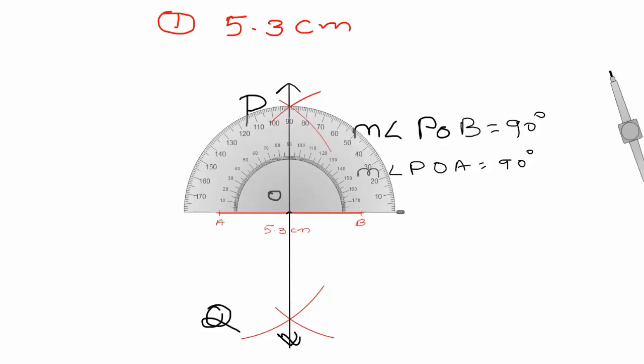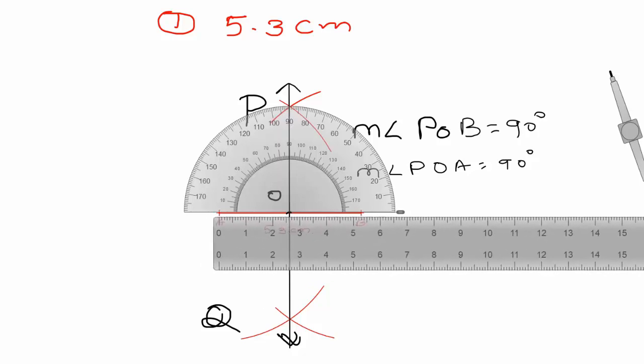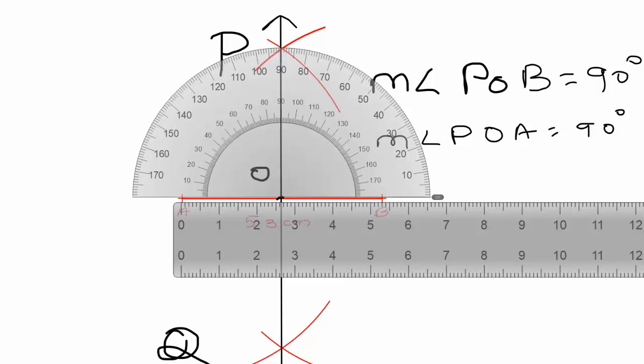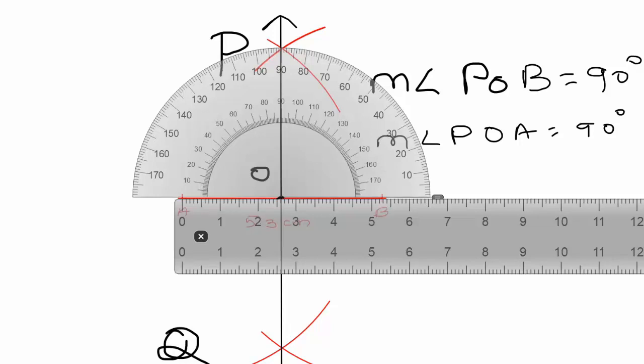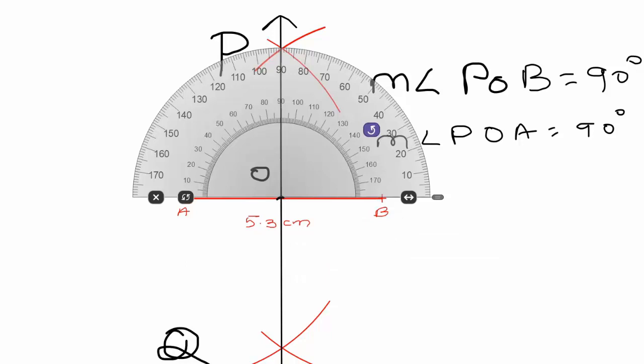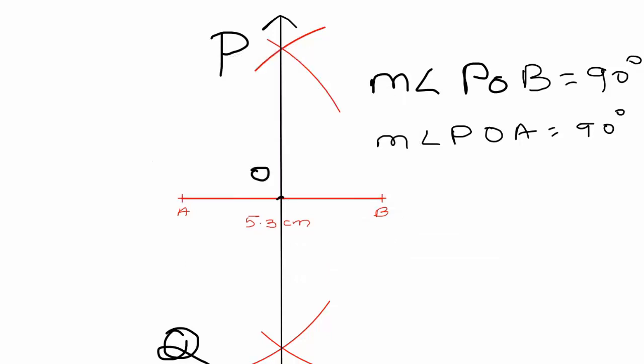If we measure the length of this segment, we see that the segment is divided into two equal parts. Therefore, we can say that line PQ is the perpendicular bisector of the segment AB.